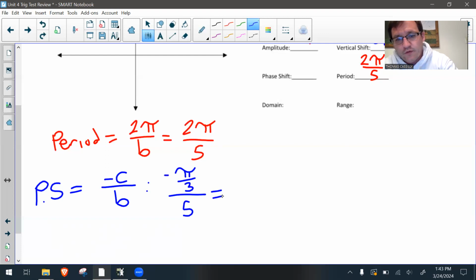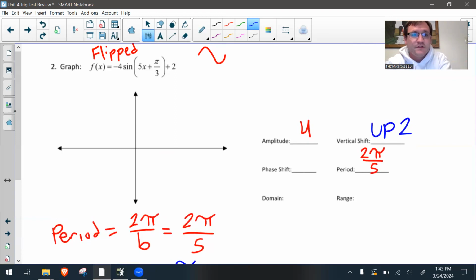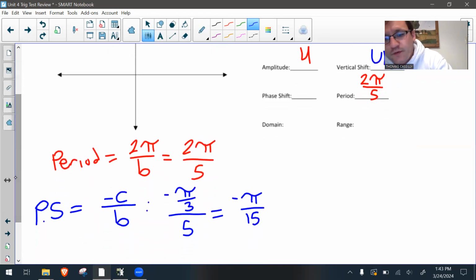So if we look at that, we have -pi over 15. All right, so what that means is it's going to push our equation. It's going to move it to the left pi over 3 spaces. So the phase shift left pi over 15. All right, I said pi over 3, sorry, I misspoke, pi over 15.